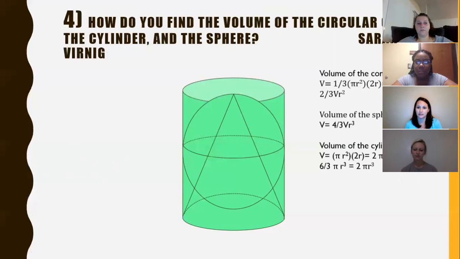And we can simplify that a little bit to 2 pi radius cubed. We can reduce it again, 6/3 pi radius cubed. And one last time leaves us with 2 times pi times radius cubed.